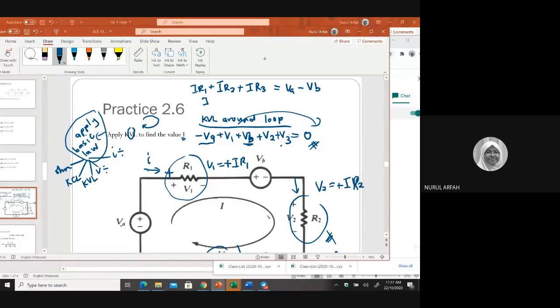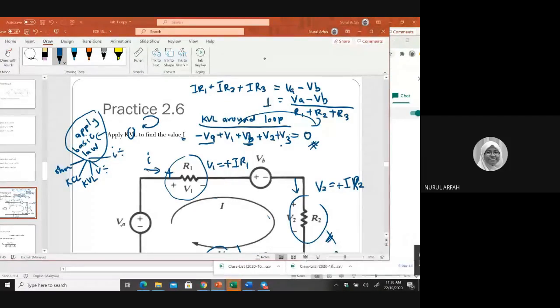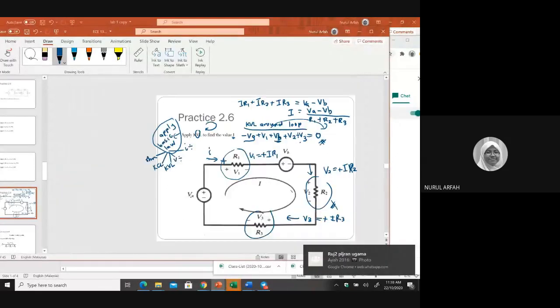So you rearrange, you have I times R1 plus R2 plus R3 equal to VA minus VB. Then you bring R1 plus R2 plus R3 down here. That's all. So you can get I equal to this. Okay, so far so good?